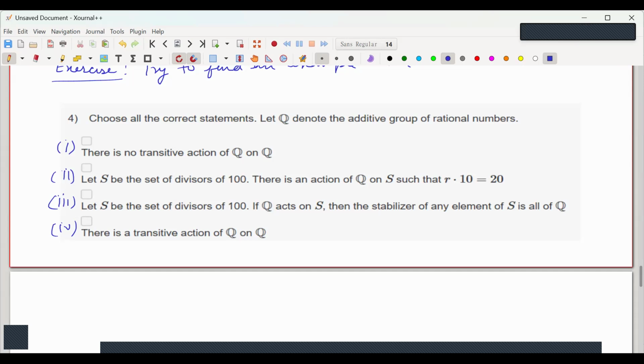You can start with any two elements, x1 and x2 in the capital X. There exists a group element g such that using that group element, you can map x1 to x2, right? So there is no need that we start within the same group. We just need to start in the set X on which G is acting, right? Do you understand the difference?